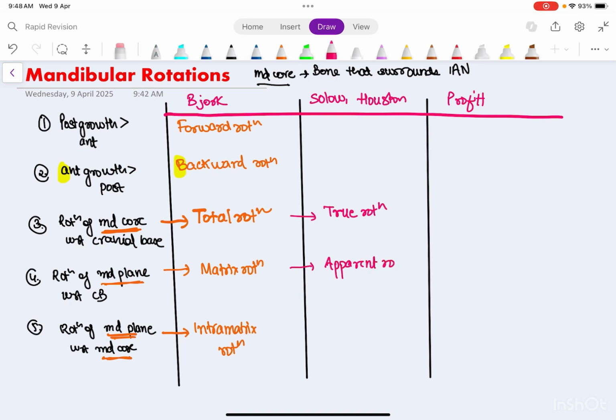In case you don't remember this apparent rotation, just remember this: if he is comparing mandibular plane to mandibular core, he's just looking at the angular remodeling of the lower border, right? So you can think of it in this way.